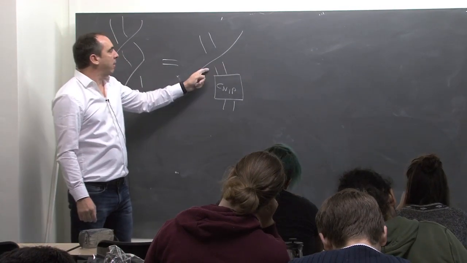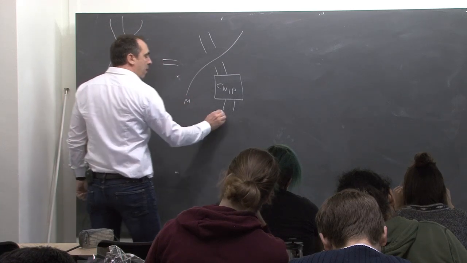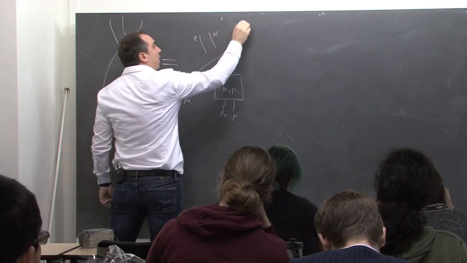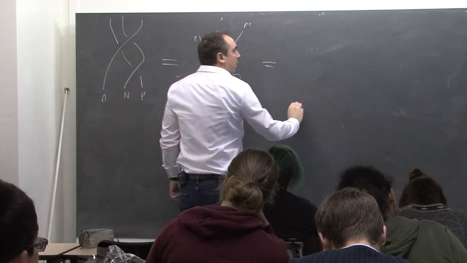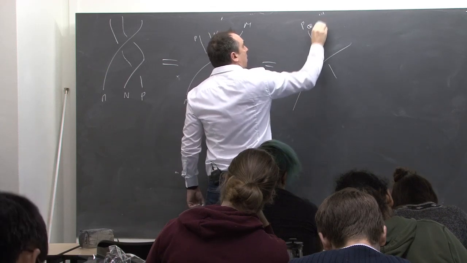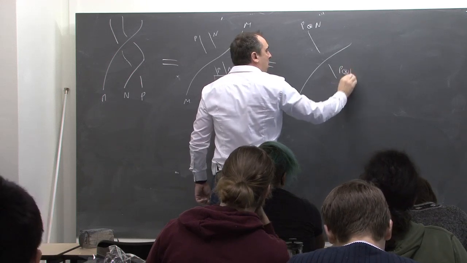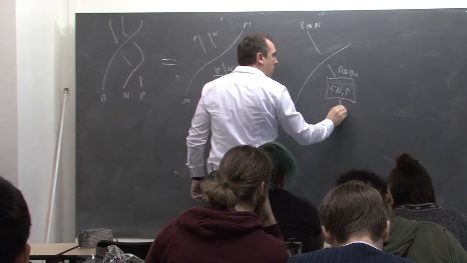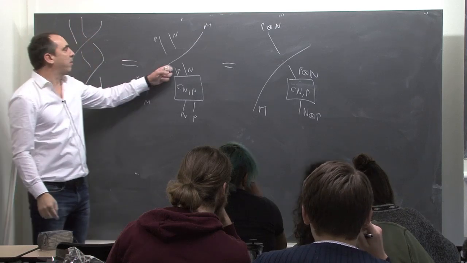Now we have seen with the last property that here we have M and P, P and M, so this is equal to this: P tensor N, P times N. So here I put C_{N,P} times P. Okay, so this is the last property, this one.